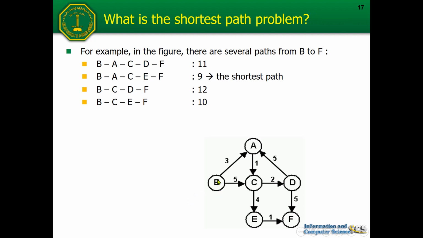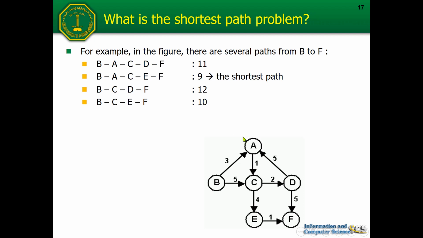The second path will be B, A, C, E, and F, and the associated cost will be 9. The third one, B, C, D, and F, the associated cost 12, and the last one, B, C, E, F, the associated cost will be 10.